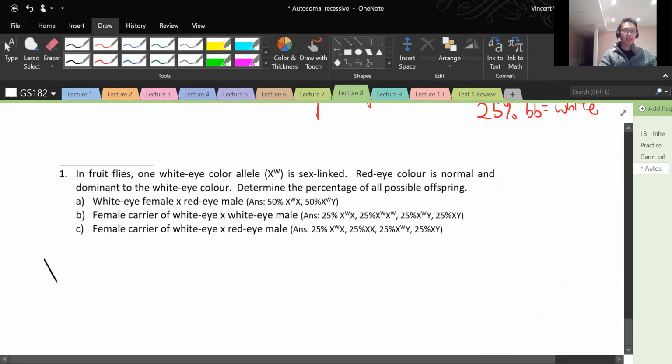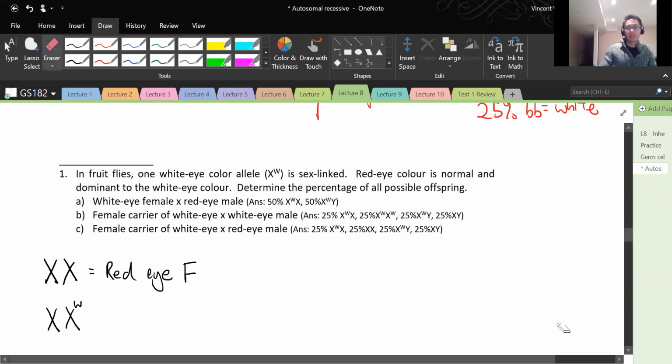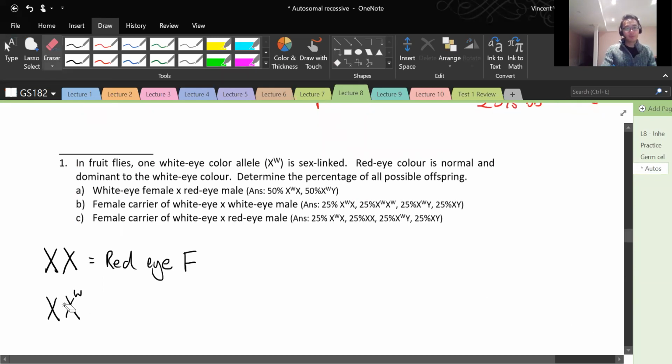We can have a XX. So this would be a red eye female. I'm just gonna put big F. Red eye female. XX is female, right? XY is male. So you could have a X and then an X^W, the allele that gives you a white eye.